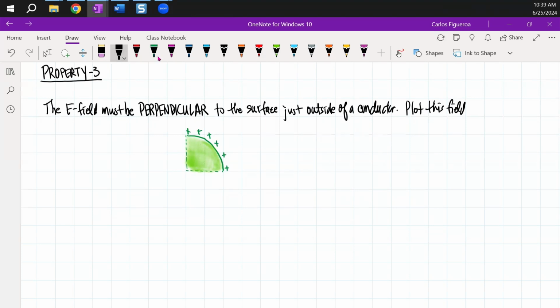Now I'm going to look at its electric field. At the surface, the maximum field is right here.